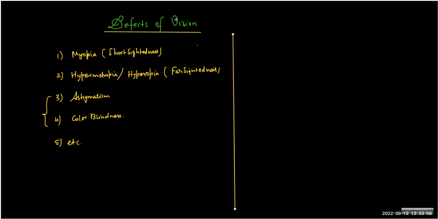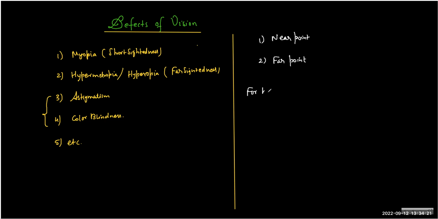so before we start studying the defects of vision, there are two very crucial things that we need to understand. So there are two things which are called the near point and far point.